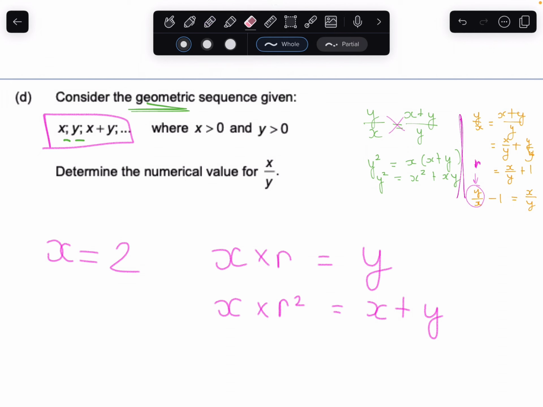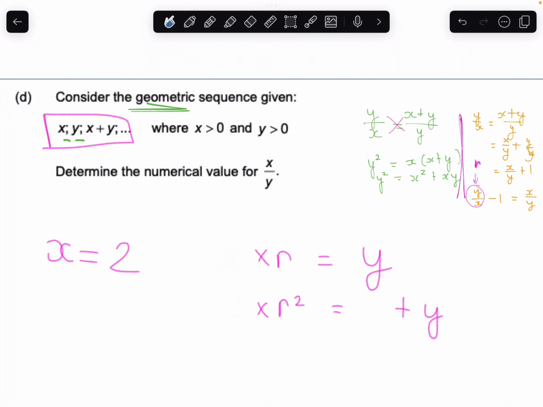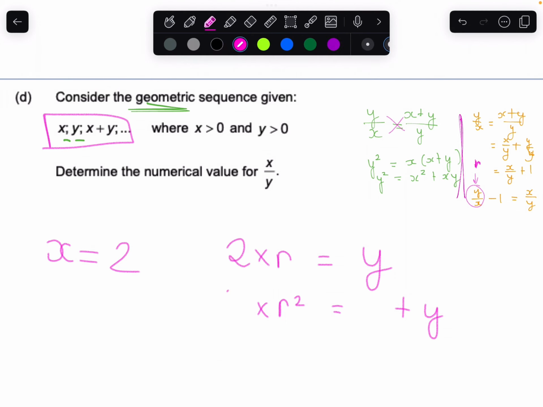Or let's just say, because we're working with 2 here, I want to find an r that would make both these things work.